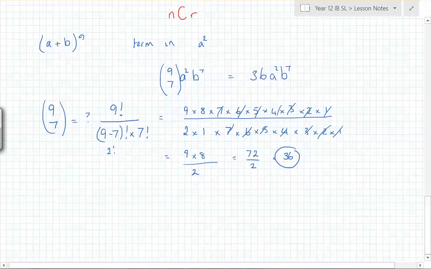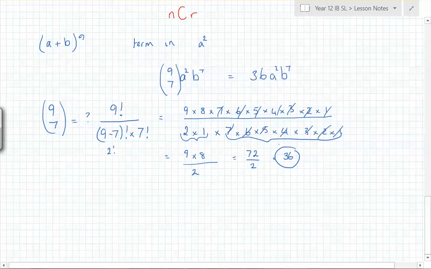Why is it 2 times 1? Because 9 minus 7 is 2 factorial. 2 factorial multiplied by 7 factorial. So here is the 2 factorial, multiplied by 7 factorial. Yeah?